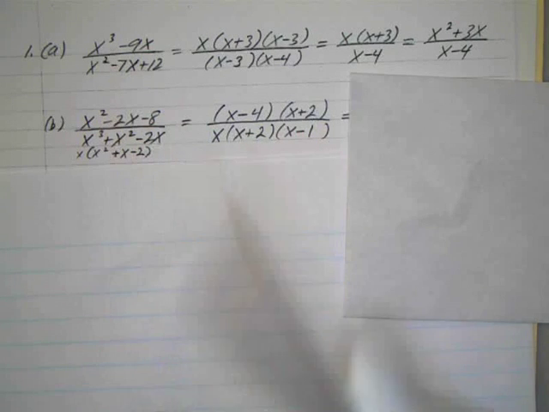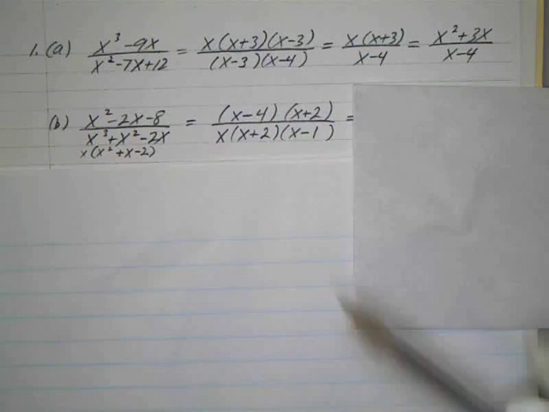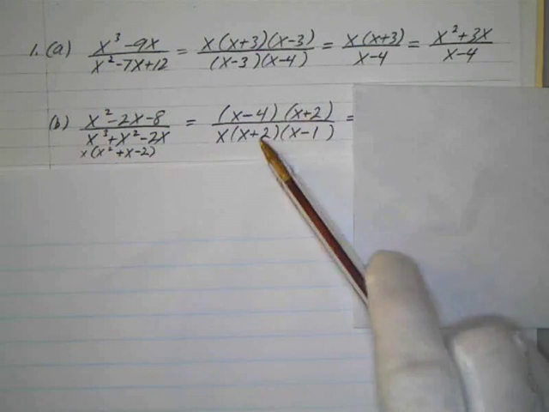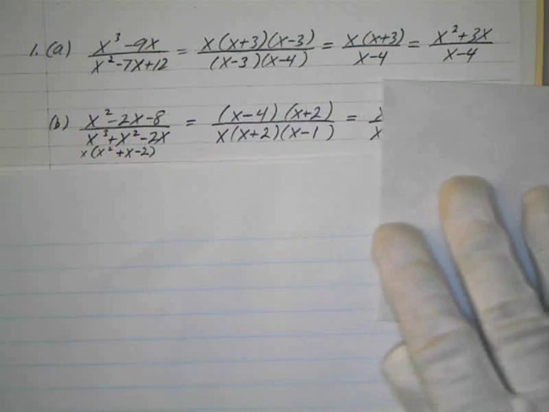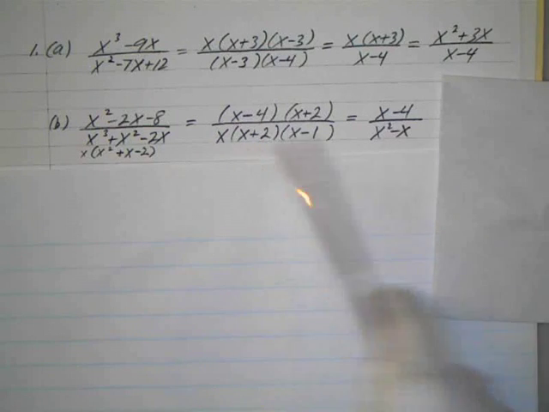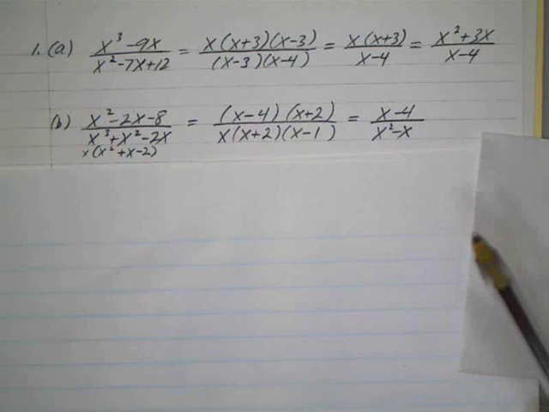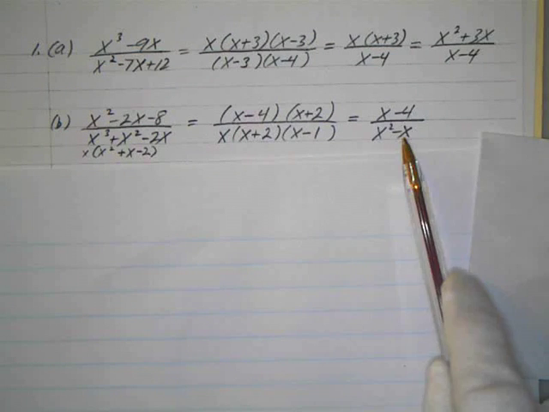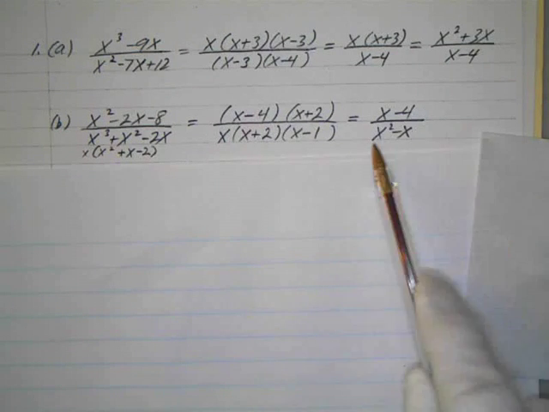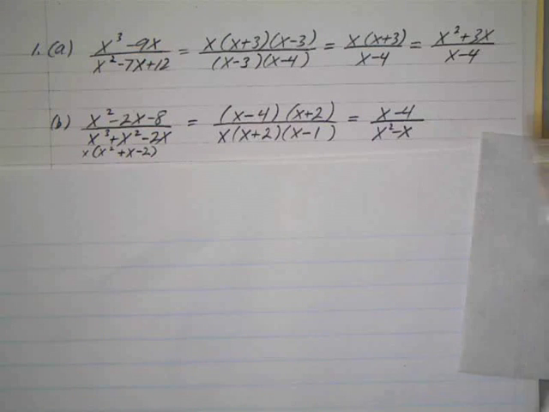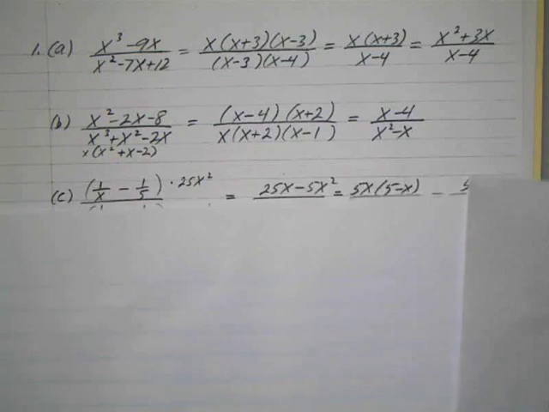Hopefully you know how to factor your simple trinomials without a problem. Then we have a common factor of x plus 2 in the top and bottom, so we cancel those out, and this is what we end up with. That's the form that they had. Now you might say, can I factor this out? You could factor it and have x times x minus 1, but this is the form where they had the answer, so you just match that up.